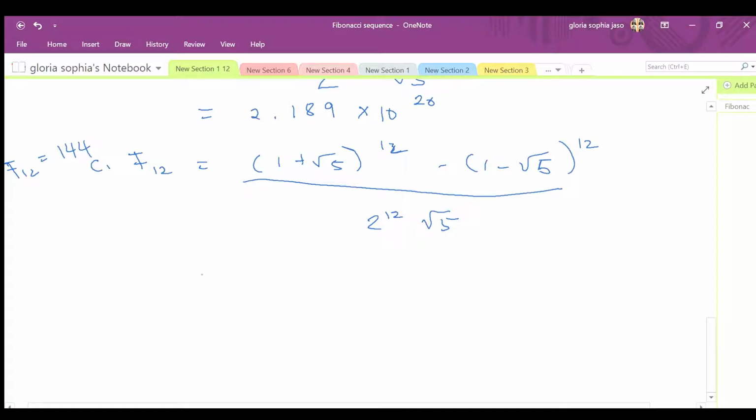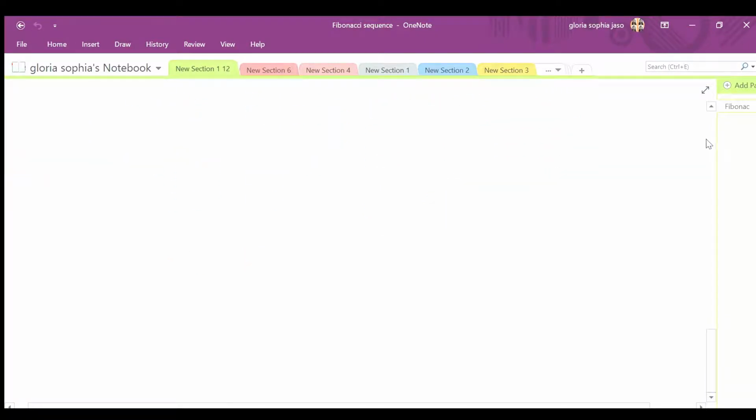Ayan. So, the obtained answer is letter A. The obtained answer is 144. Okay?